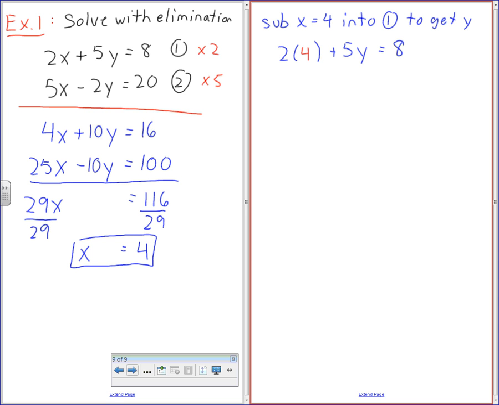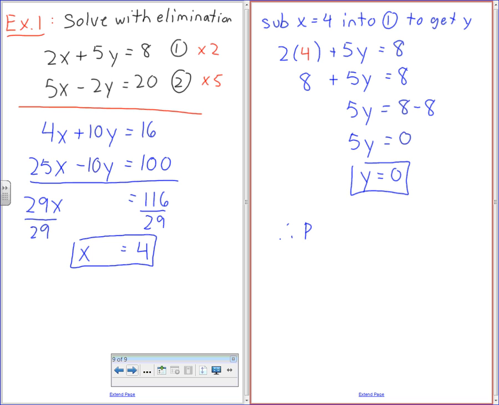Okay. 2 times 4, I think, is 8. So we're going to say 5y equals 8 minus 8, like that. And that is a piece of beauty, okay?